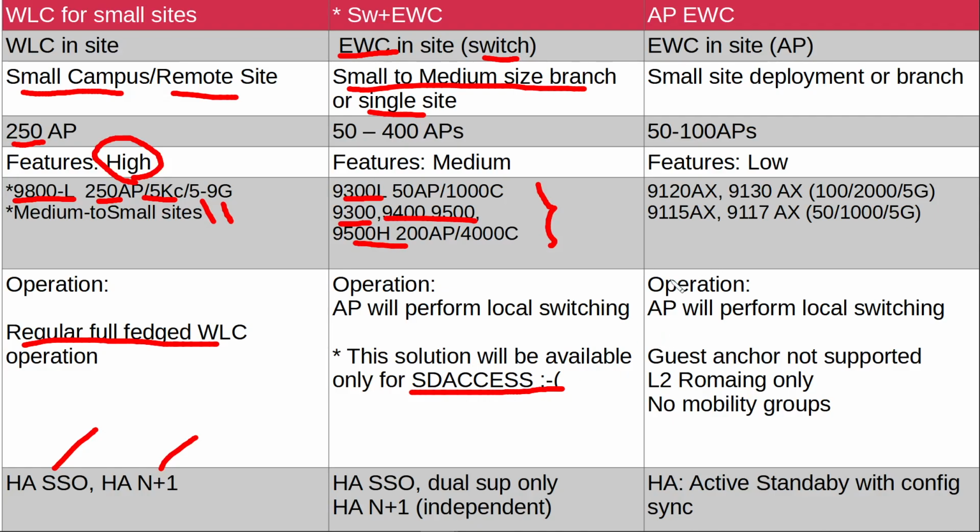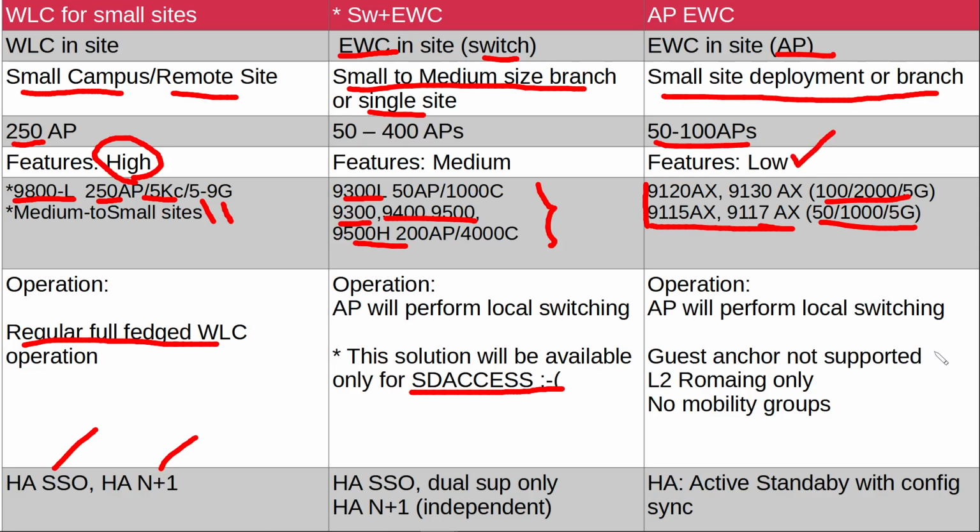The other option you have is having an embedded wireless LAN controller within your access points. This will work for small site deployments and branches with these capacities, depending on the access point that you have. This solution, however, will offer you a low set of features.